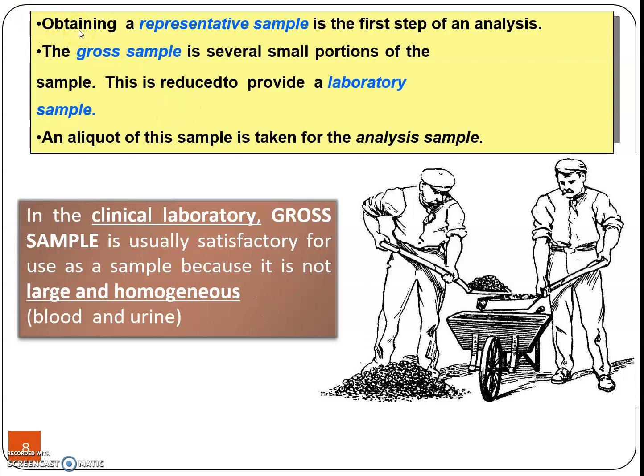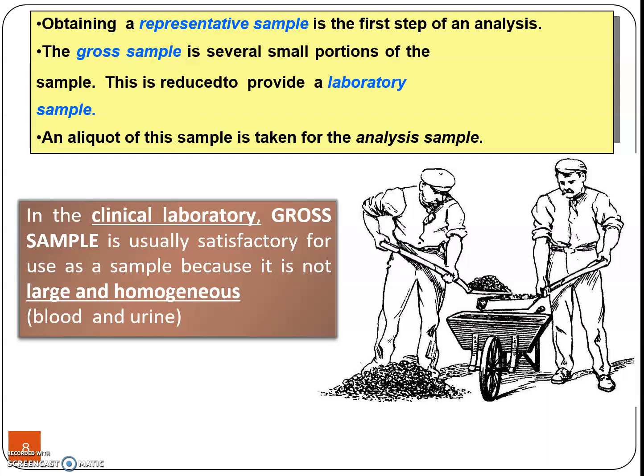So at the site, where we take samples outside, for example soil or water samples, we have to take a representative sample as discussed. Then the representative sample is reduced to a gross sample. A gross sample is several portions of the sample.